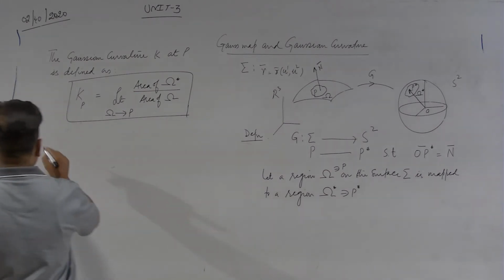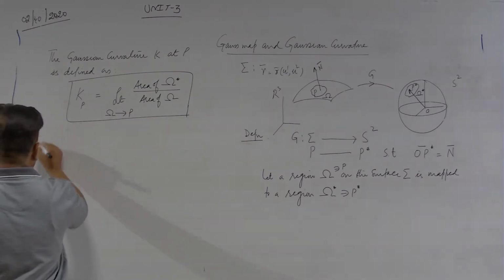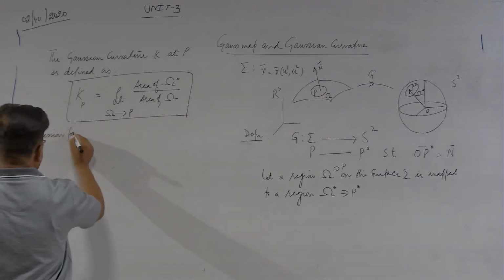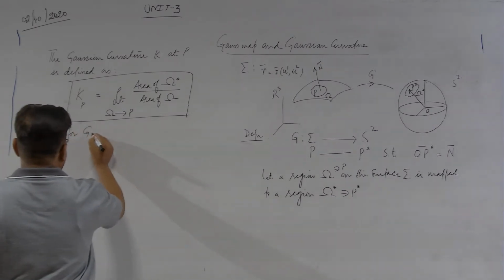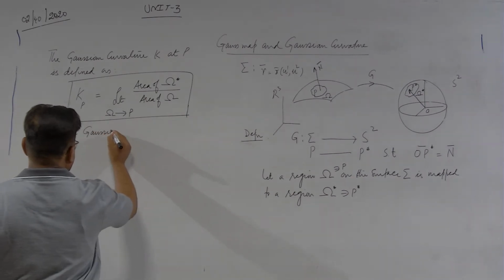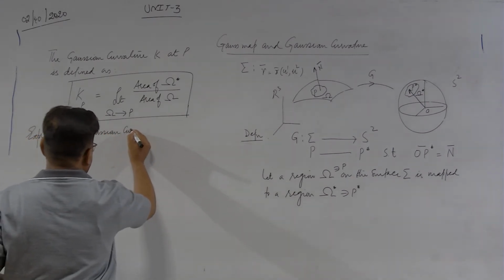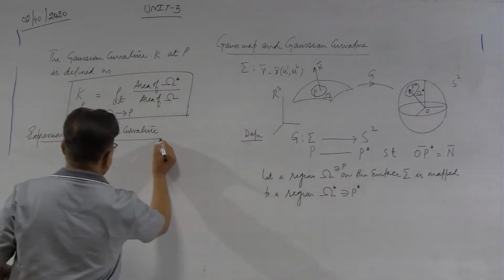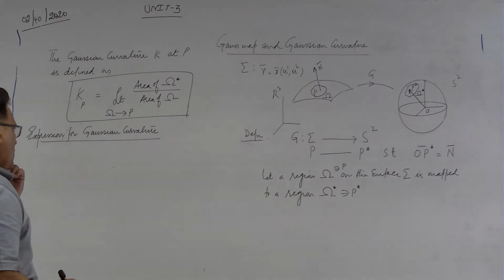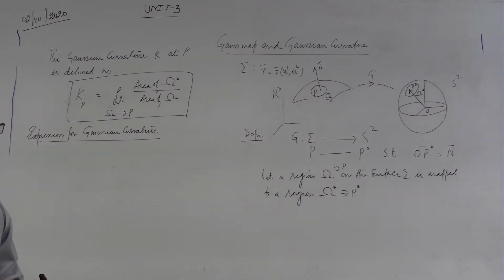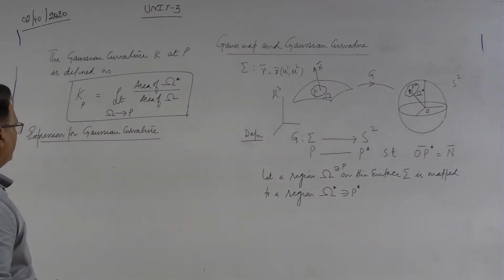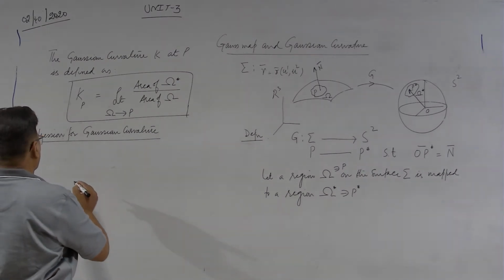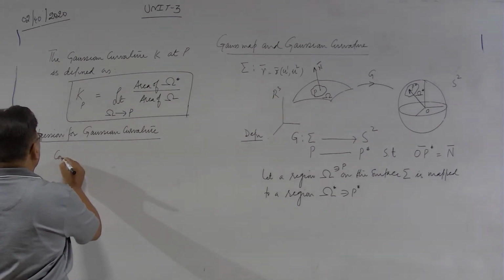So, expression for Gaussian curvature. All right. What we will be doing, we will consider the determinant B_ij.